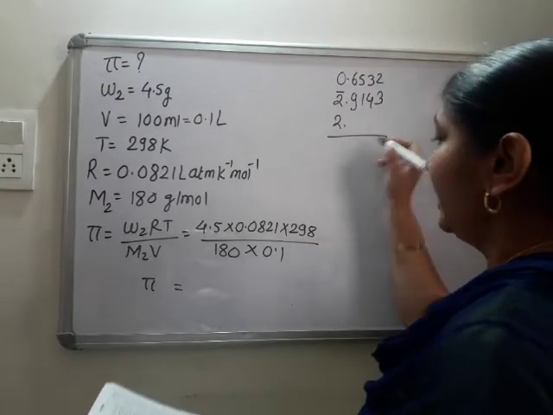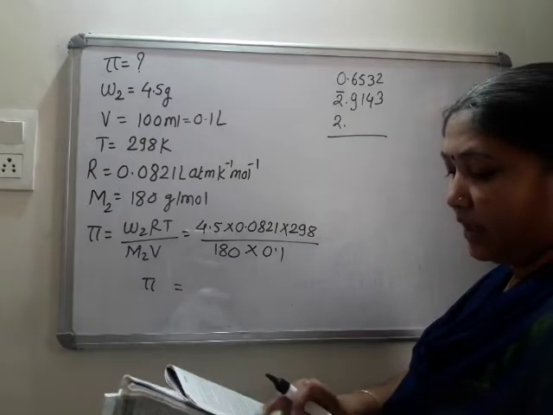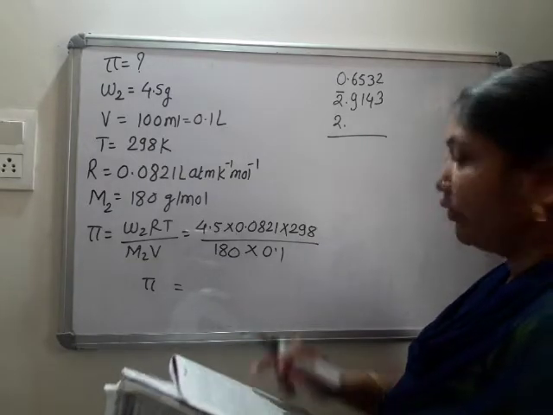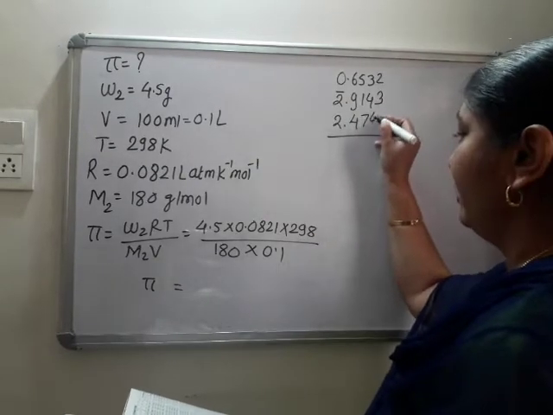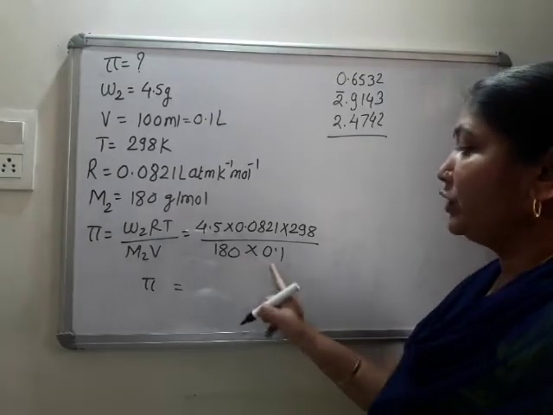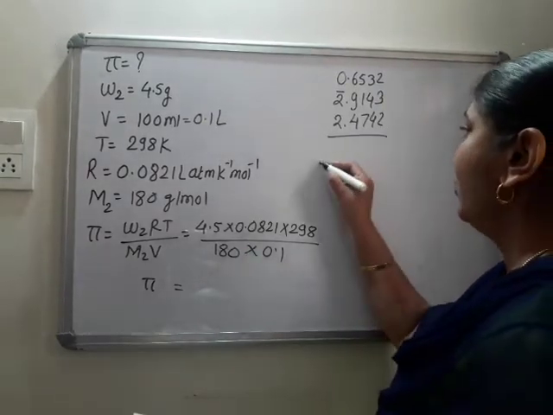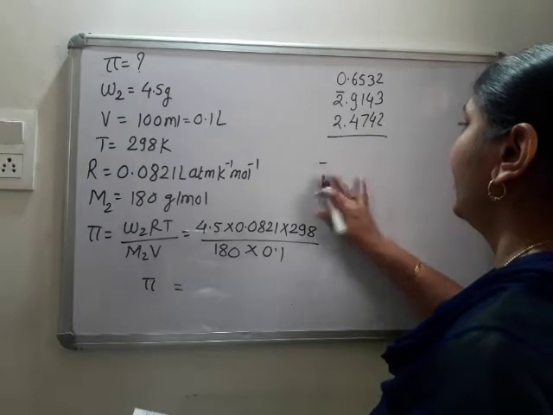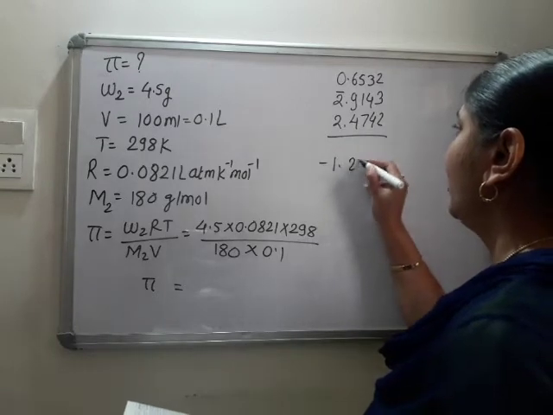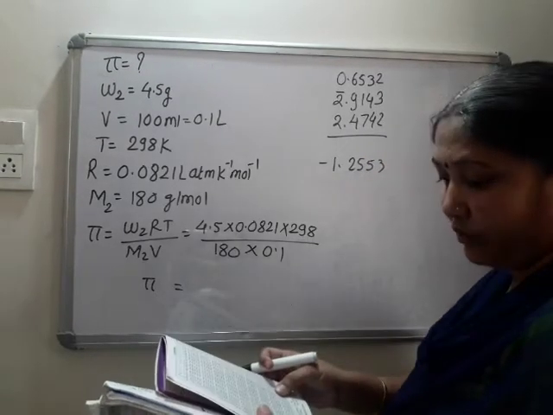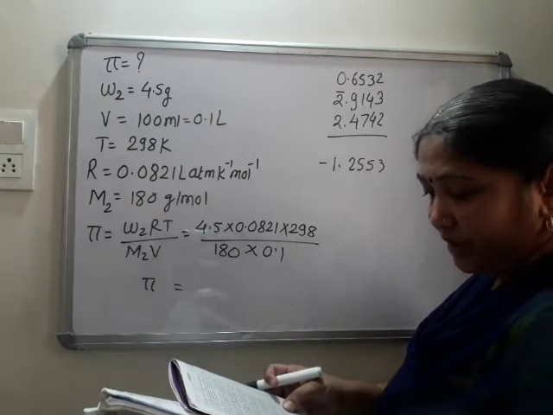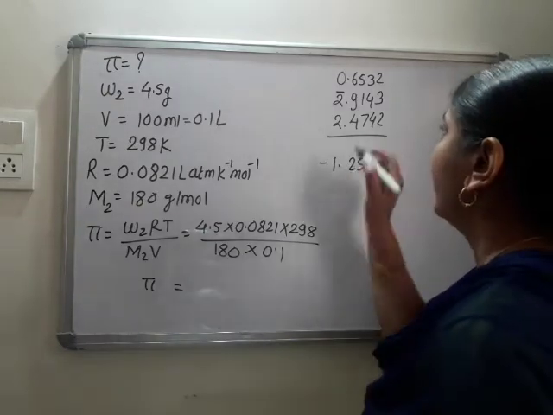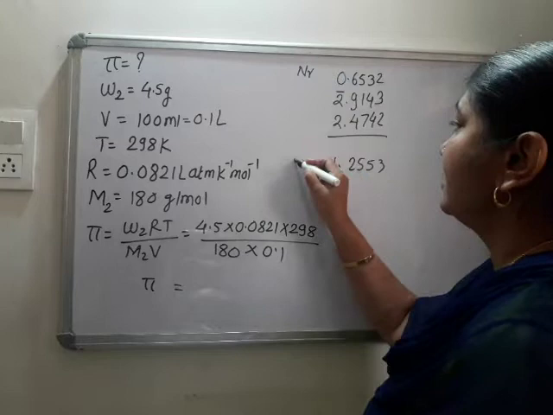And this is 298, log is 2.4742. If I multiply this by 0.1, it will become 18. So the log of 18 is 1.2553. Many times we have solved this. Yes, 1.2553. This is numerator, this is denominator.